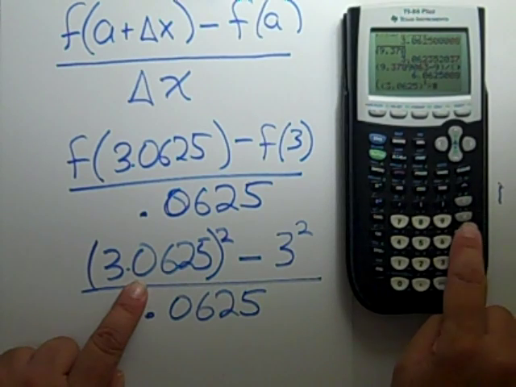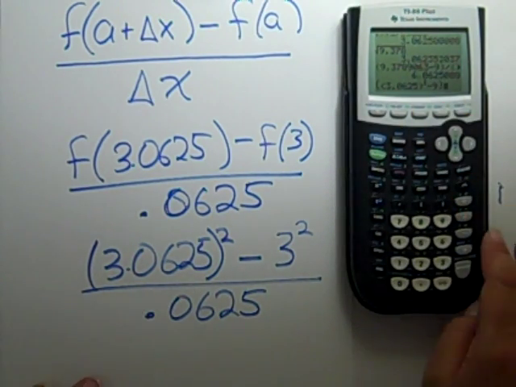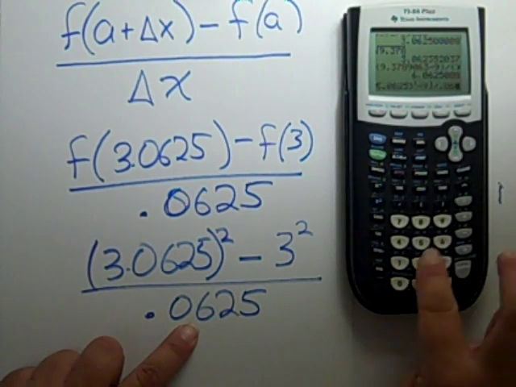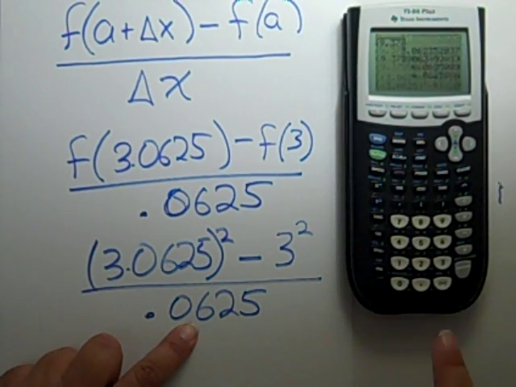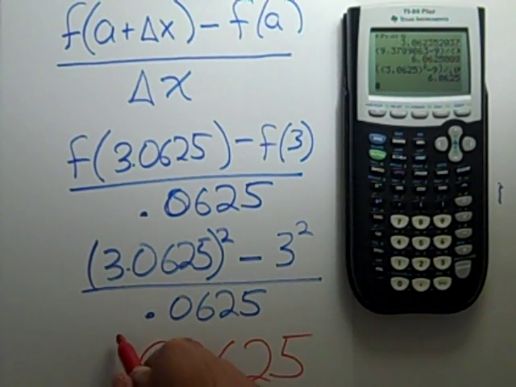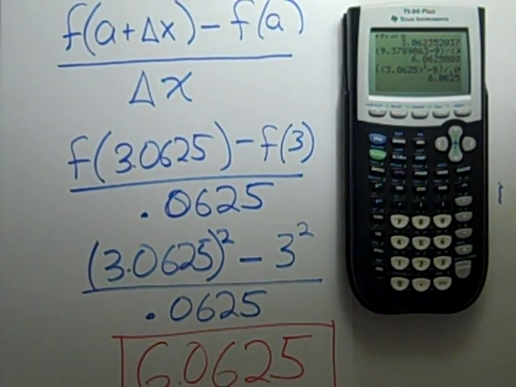Minus 3 squared, let's just put minus 9. Close the big parentheses, divided by the denominator, 0.0625. Enter. And there's my answer: 6.0625. It's almost exactly like our last answer. Okay, so it's good that we got the same thing.